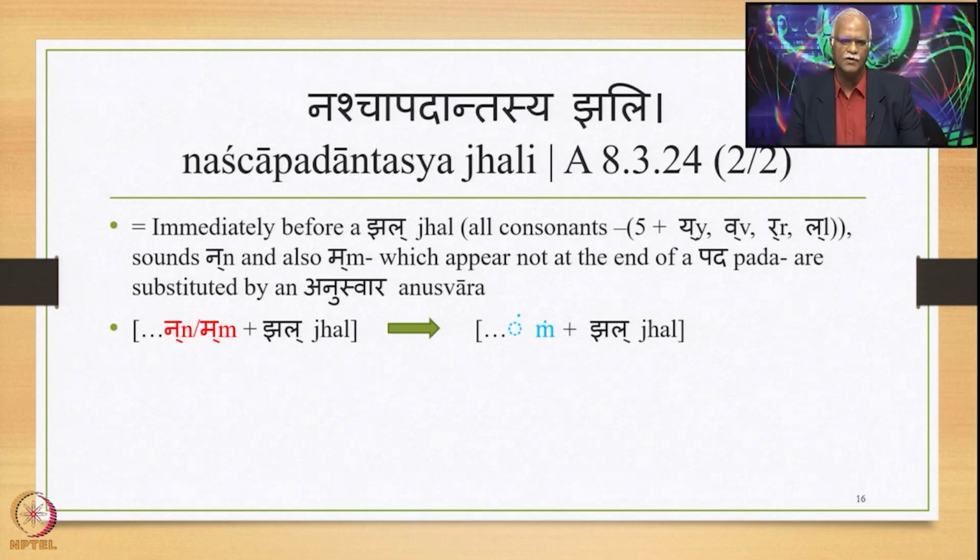So na or ma plus jhal is the input and 8324 applies, and anuswara plus jhal is the output.